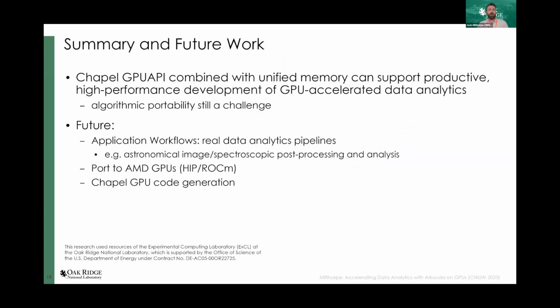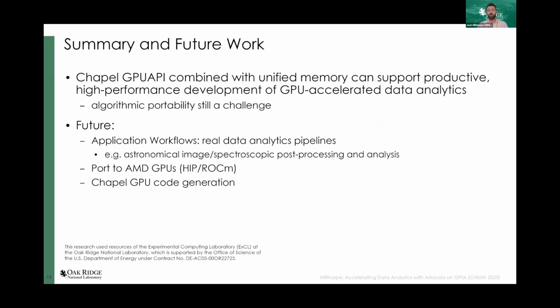Okay, so I'll wrap up now and wait for questions. I guess the summary here is that it does look like if we're combining the Chapel GPU API with unified memory, it is possible to support fairly productive development of high-performance GPU accelerated data analytics operations. You may notice that algorithmic portability is still a real challenge. For that sort operation, we had to use quite a different algorithm for the GPU as we did for the CPU.